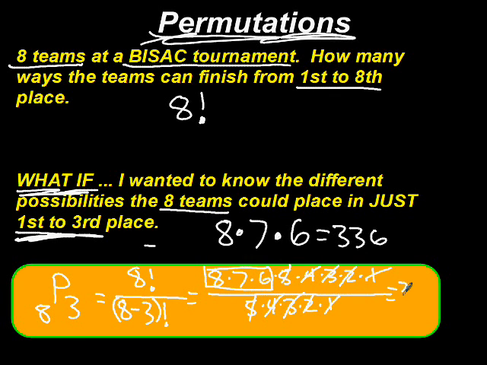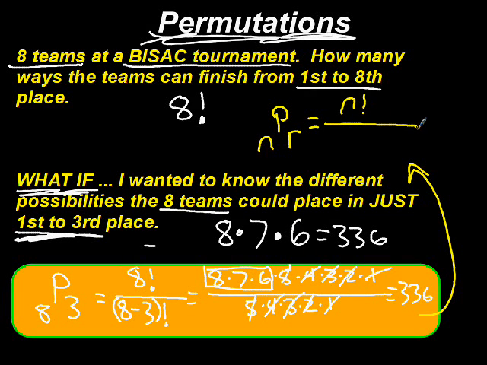So this ends up equaling 336 as well. So what is the mother equation that we can find for this? Well, if we have some number n, and then we're choosing another number, r, let's say, well, it's n factorial divided by n minus r factorial.